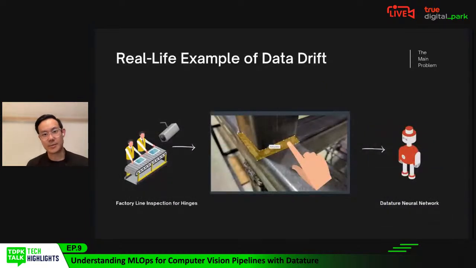So this is a common example of data drift. Let's explain data drift with a real-life example of what really happened. Let's pause on the street analysis and take a look at a new case. Say you are a factory deploying machine learning solutions, and you want to use computer vision to monitor various inspection processes.